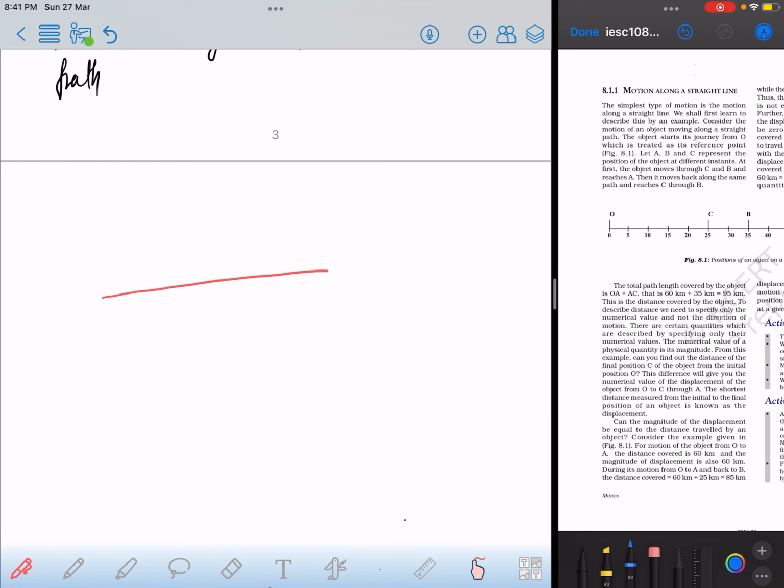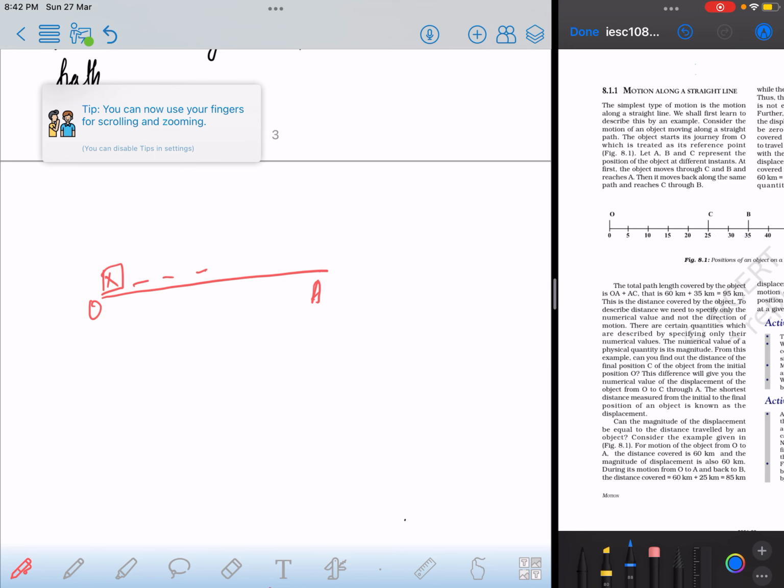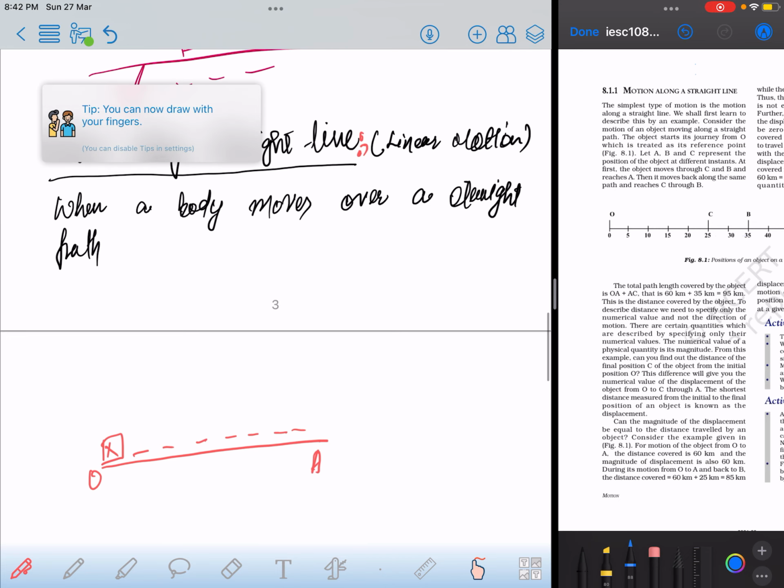Suppose this is the body, O, A. This OA is the path, and that is X. Now, if a body continuously moves along this path and does not change its angle, continuously moving along a straight path, then we can say that the body is in straight line motion.